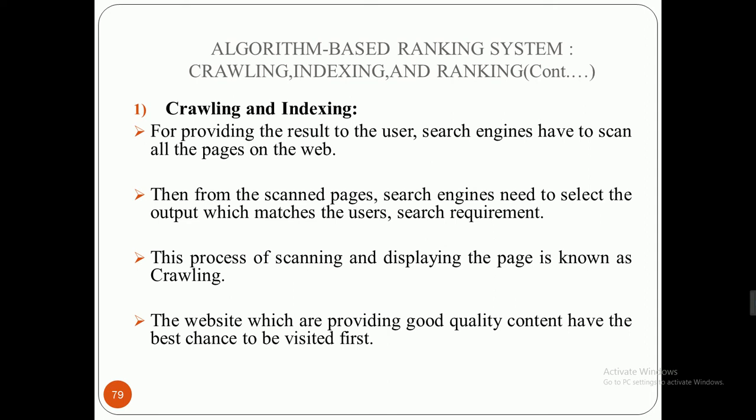Whenever you develop pages and put them on the web, the crawler will scan your pages. Whether you provide 1 page or 1000 pages, the crawler will scan all the pages and all the details. Then from the scanned pages, the search engine needs to select the output which matches the user's search requirement.